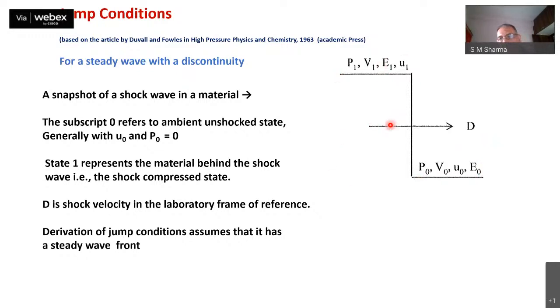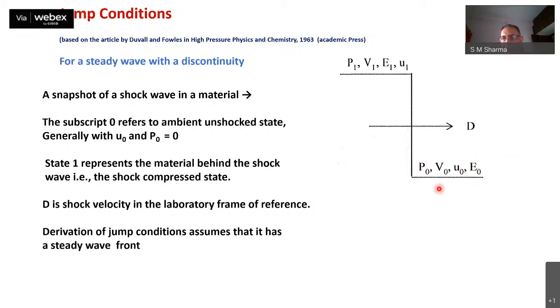The velocity of the shock wave that traverses is indicated by D. D is the shock velocity in the laboratory frame of reference. In general, the shock velocity is defined with respect to the material ahead of it.